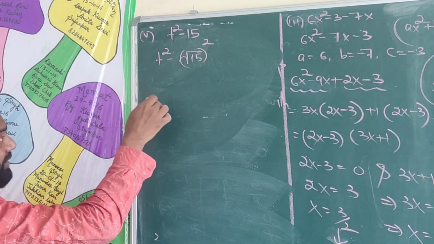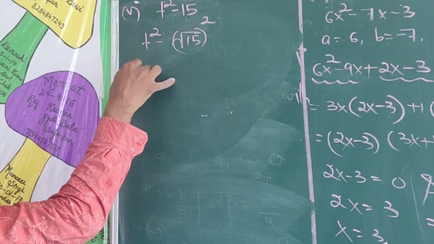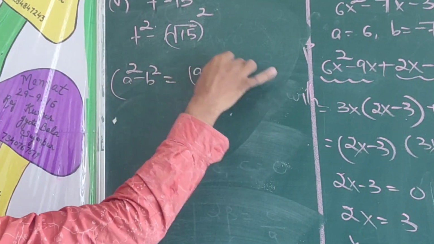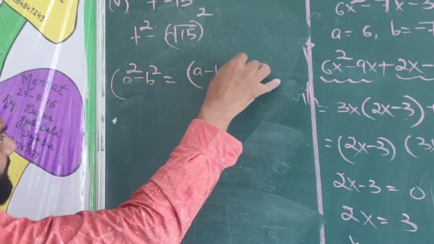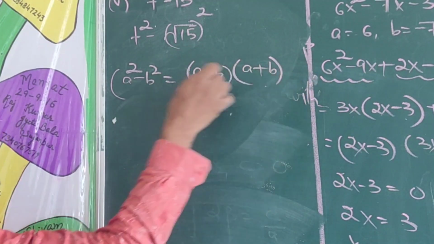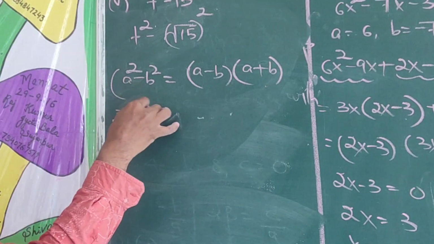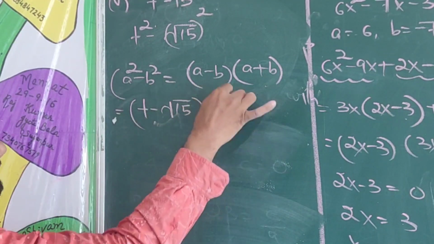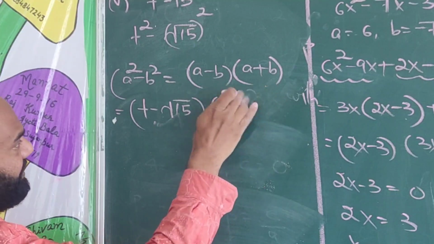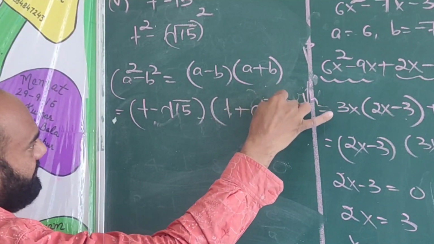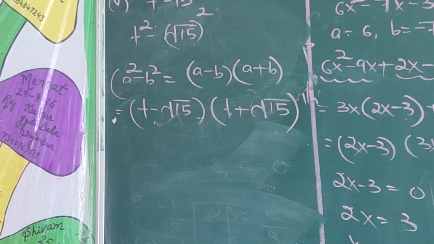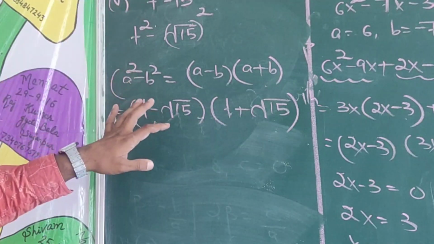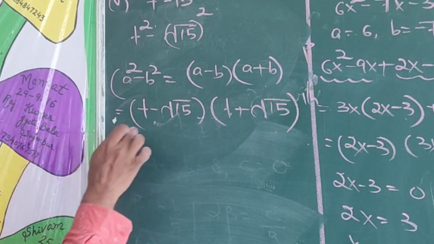And we know the formula a square minus b square equals a minus b multiplied by a plus b. Using this formula we get a minus b into a plus b. So here we obtain two factors without splitting the middle term, and now we put these two factors equal to 0 turn by turn.